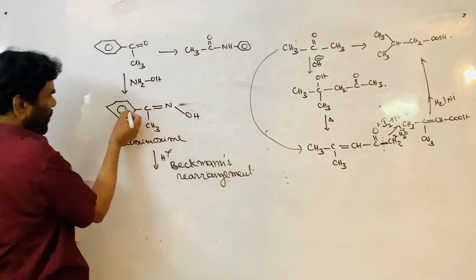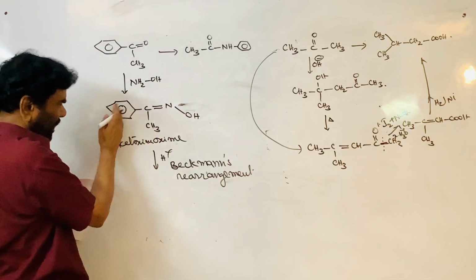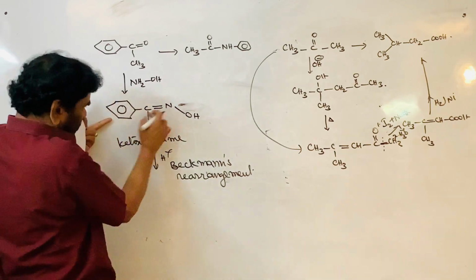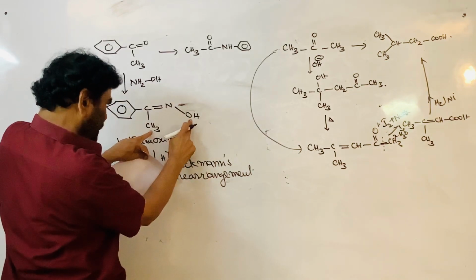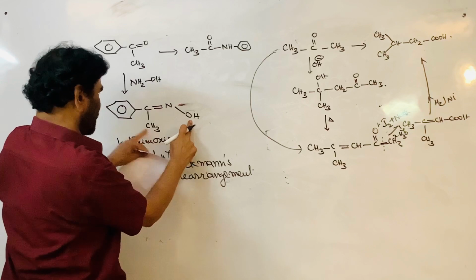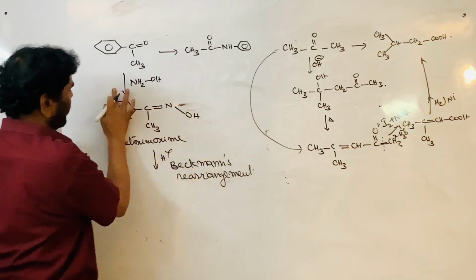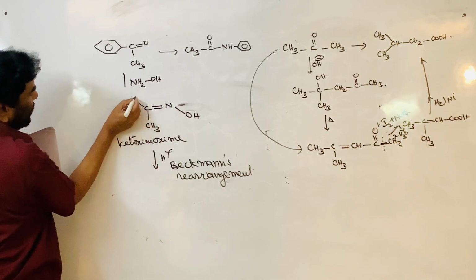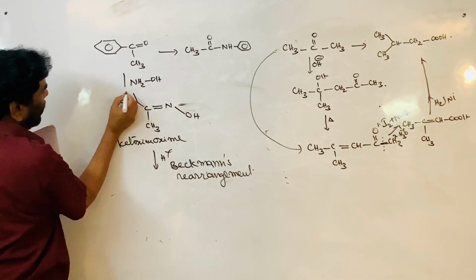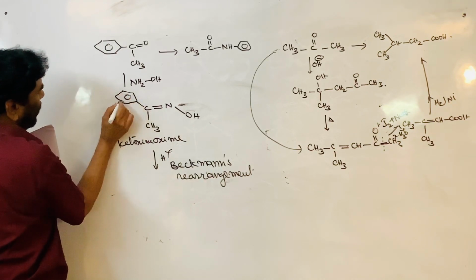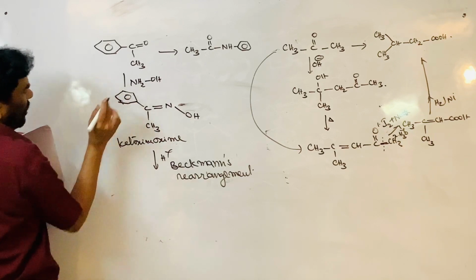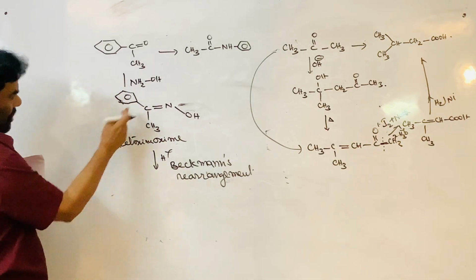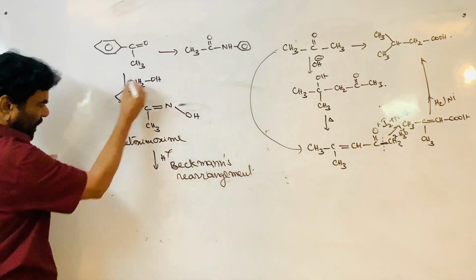The anti group, which is opposite to the phenyl, is not properly represented here. This is syn to OH: the OH is syn to the methyl, on the same side as the methyl and opposite side of the phenyl. The phenyl group is migrated.